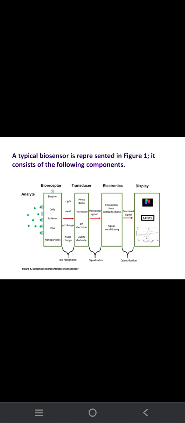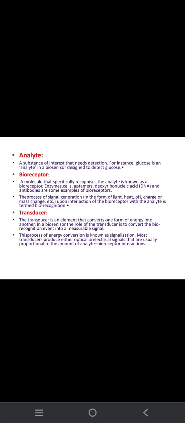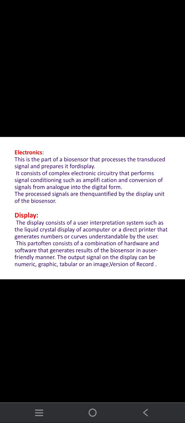It consists of complex electronic circuits that perform signal conditioning such as amplification and conversion of the signal from analog into digital form. The last is the display. The display consists of a user interpretation system such as a liquid crystal display, a computer, or a printer that generates numbers or curves understood by the user. This is the overall information about the components.